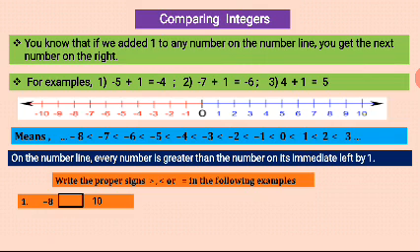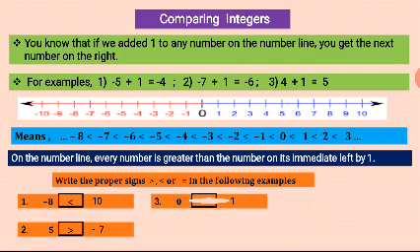So we use the sign: -8 is smaller than 10. Second example, 5 and -7. 5 is a positive number, -7 is a negative number, which means the positive number is bigger than the negative number, so 5 is bigger than -7.